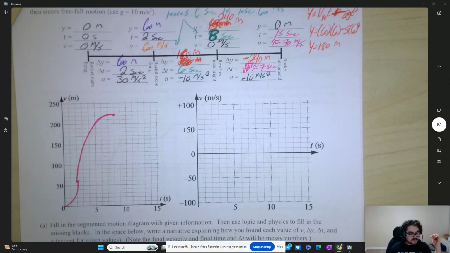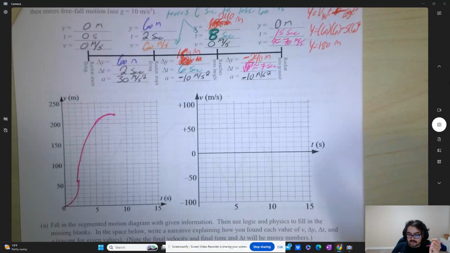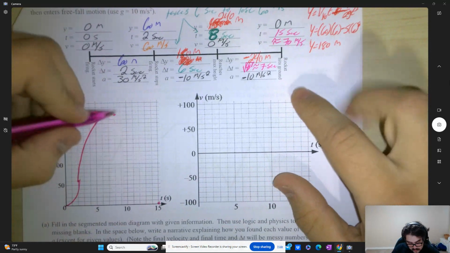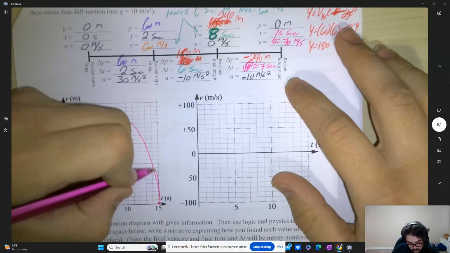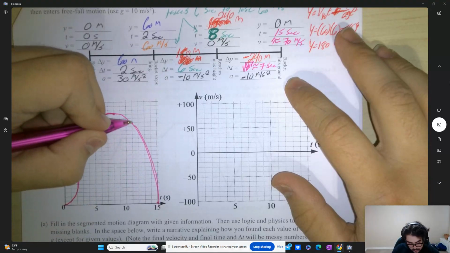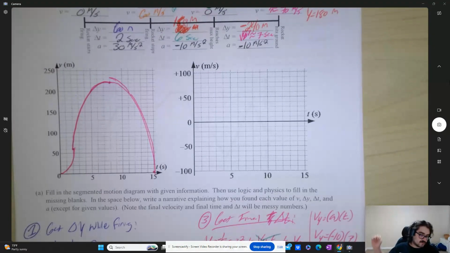And then for the last part, it's still accelerating downwards, so it's still going to be concave down. So it'll eventually crash land back at 15 seconds. So it'll probably look something kind of like this. I keep messing up my lines because I don't have my rulers or anything like that.